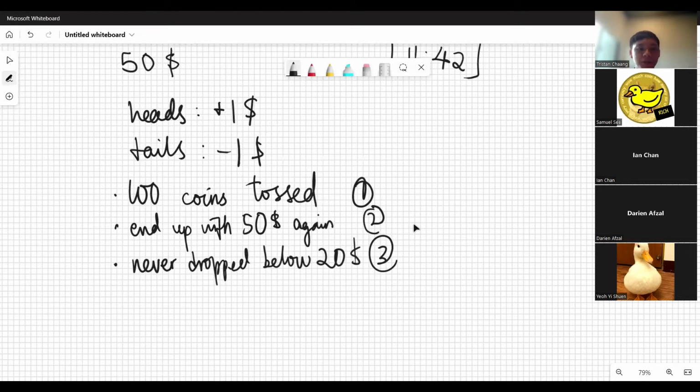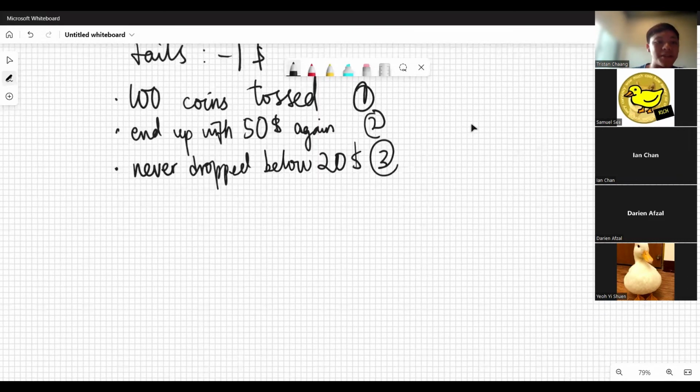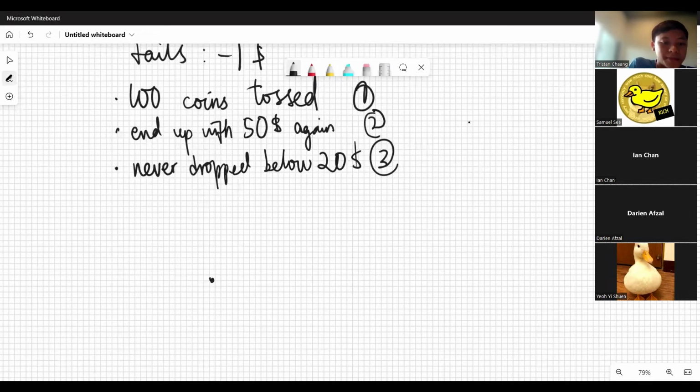But to incorporate the third condition, we have to visualize this. So the first and second conditions say that if we draw a diagram, let's say we start at 50, and the y-axis is how many dollars you have. After one throw, you could have gotten 51 or 49.